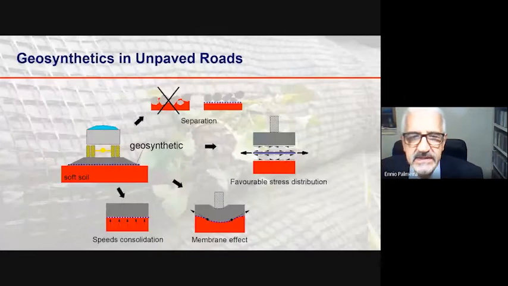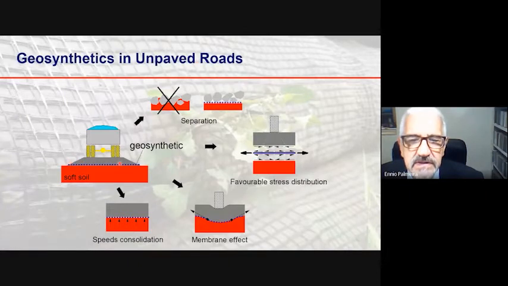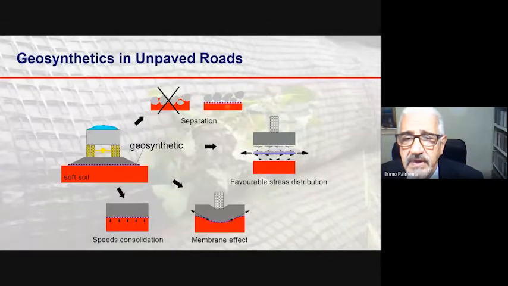So let's see some examples of this type of combination. In the case of an unpaved road, the presence of the geosynthetic reinforcement can bring several benefits. For instance, if it is a geotextile used as a separator, then the presence of the geotextile will avoid the contamination of the good quality fill material by fines from the subgrade.